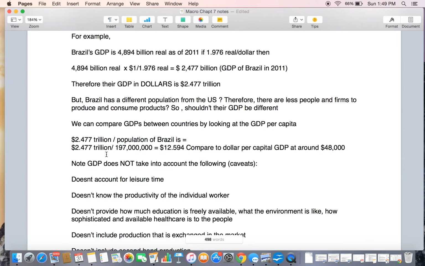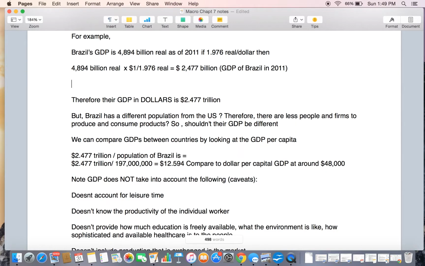Okay, one thing I want to make sure you understand is what we're doing with the decimal points here. 2,477 billion. That really looks like 2,477, and then we have 100, 100,000, 100 million, 100 billion, trillion.